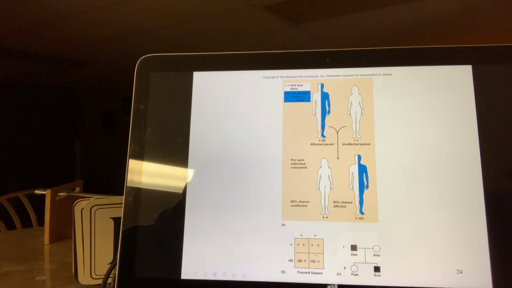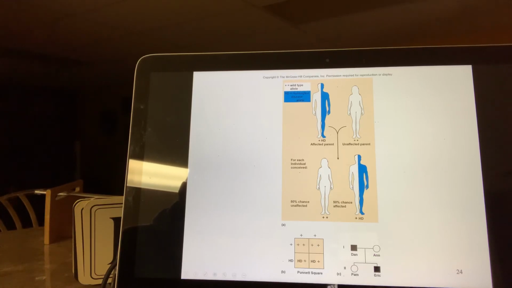And what you end up with is a situation where 2/4 or 1/2 of their children will be absolutely normal. The other half of their children will have Huntington's disease, because Huntington's disease being a dominant allele, if you get that dominant allele, you will have disease. So these 2 of the 4 boxes represent 50% of their children will have the disease, 50% of their children will be free of the disease.